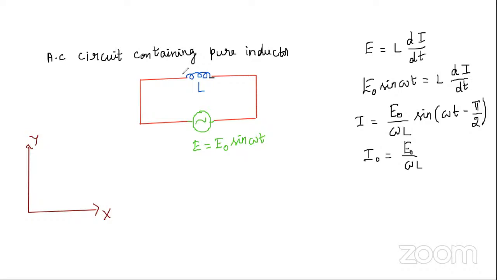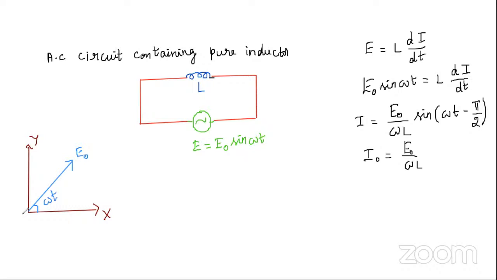Here the EMF is represented. The EMF is represented here. So this is E naught, and the angle is omega t.